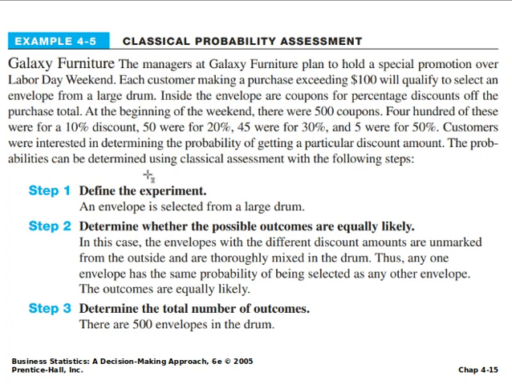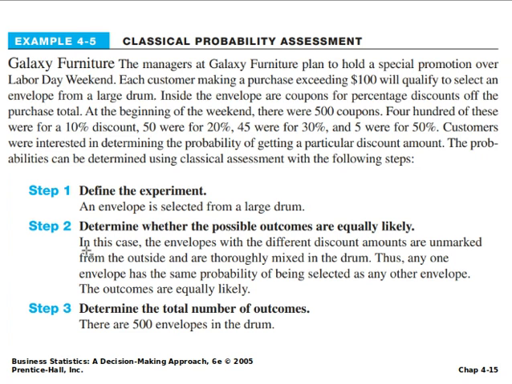The probabilities can be determined using classical assessment with the following steps. Step 1. Define the experiment. The experiment is an envelope being selected from a large drum, a tambulo. Step 2. Determine whether the possible outcomes are equally likely.